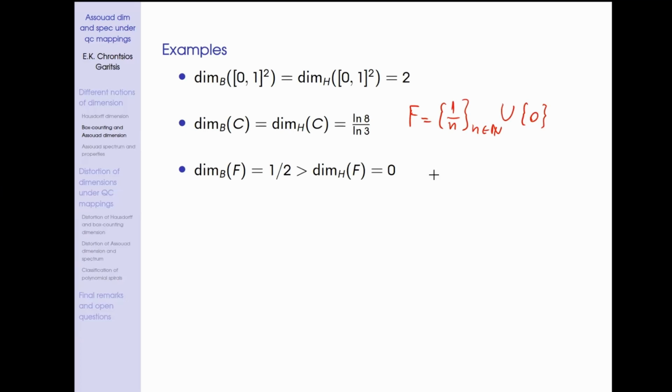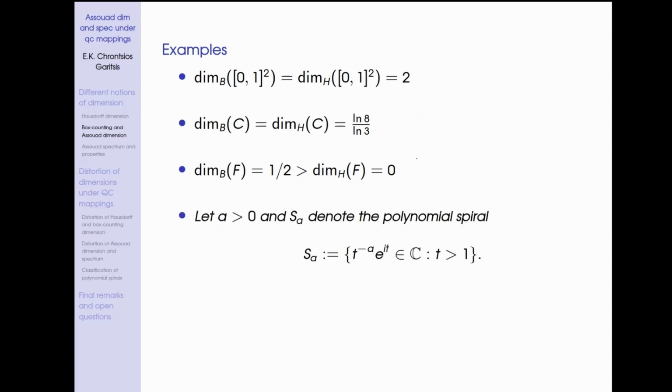And in fact, if we take a look at our set, 0, 1, 1 over 2, and so on, around 0, we will start needing more and more sets of smaller scales, but we will need more than we would for just a countable set spread out on the real line. So that's the intuition of why the box dimension is not quite 0 as the Hausdorff dimension is.